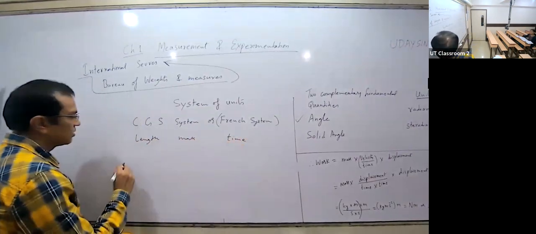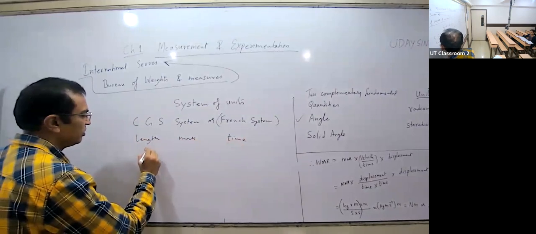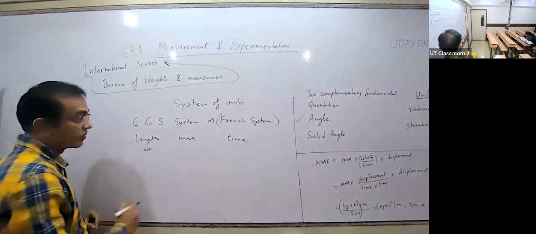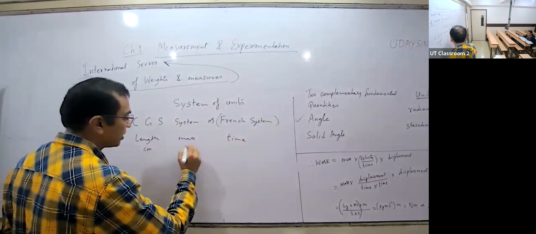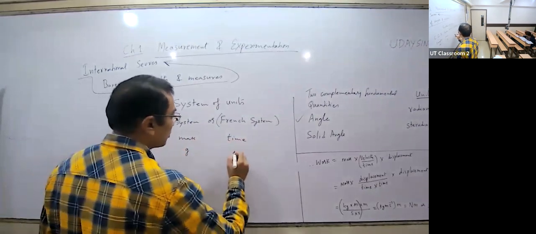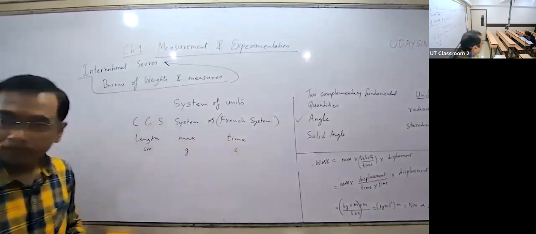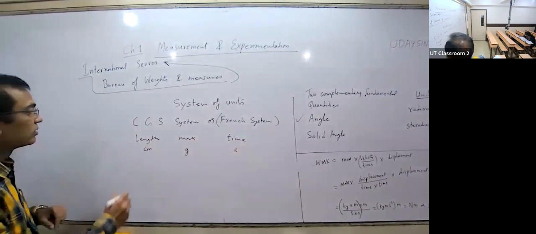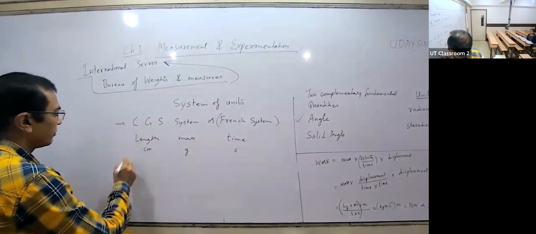In the CGS system, length was measured in centimeter, mass in gram, and time in second. So that was the CGS system.